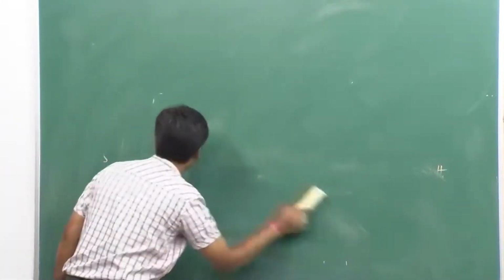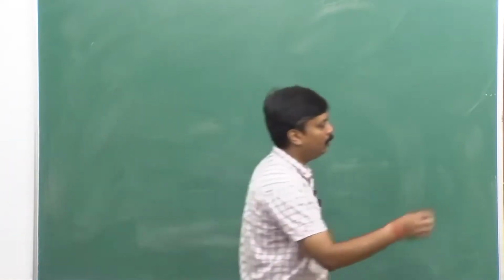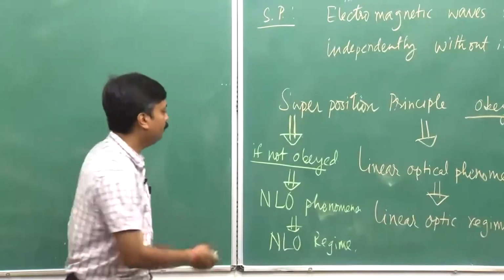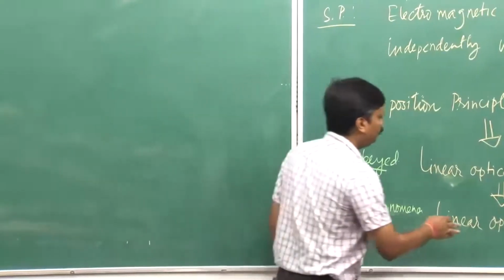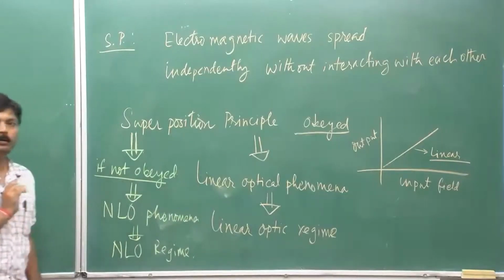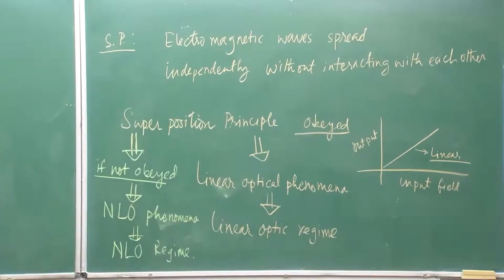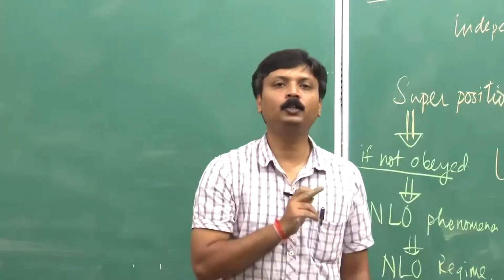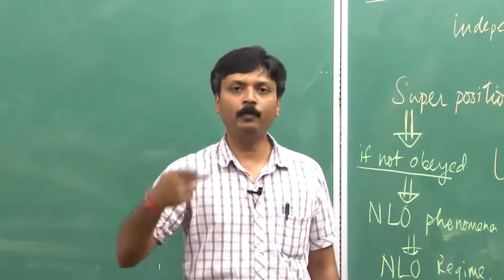Just two brief examples. When it is not obeyed, I am in the nonlinear optical regime. We can easily understand, by comparing with my earlier discussion of linear optics, that when it does not obey the superposition principle, different waves can interact.